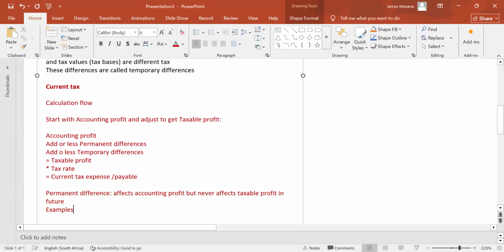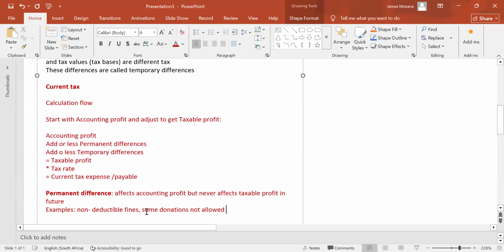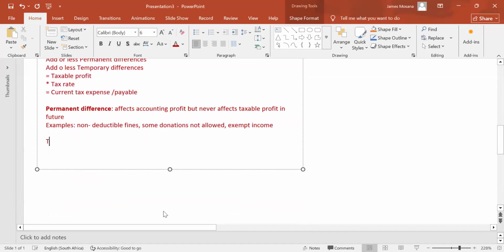So we also have examples. Examples, we have non-deductible fines, right? So non-deductible fines are permanent differences. Other examples would be maybe some donations not allowed, as well as exempt income.